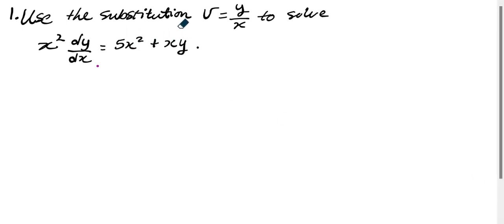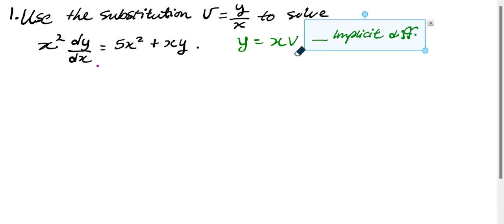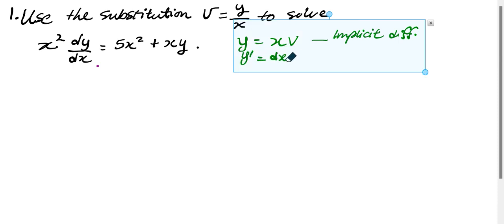Here's an example. Usually the substitution is given to us. So the first step is to rewrite v as y is equal to xv, where now we're going to use implicit differentiation to obtain y dash is equal to dx over dx, v plus v, x dv dx.